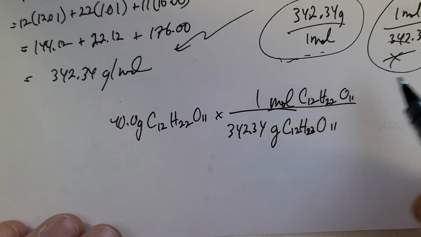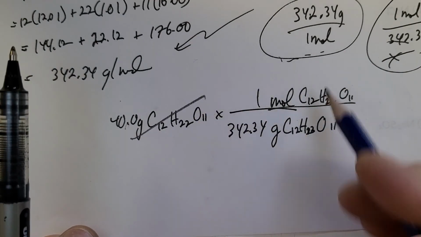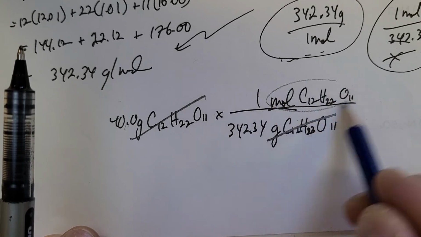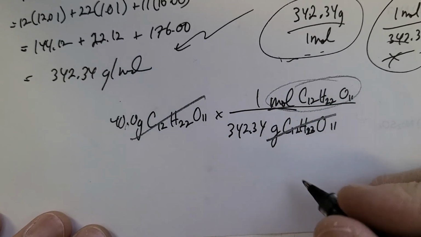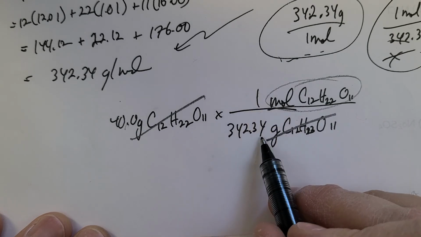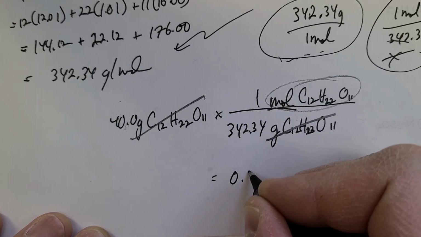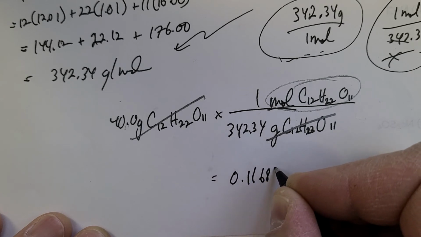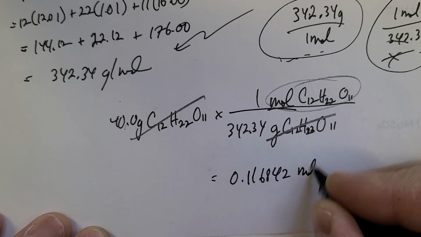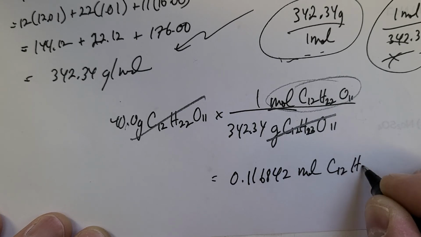So that tells us that we need to use this because if we look, grams and grams cancel, and I'll be left with moles. So 40 multiplied by 1 divided by 342 will give me 0.11682 moles of sucrose.